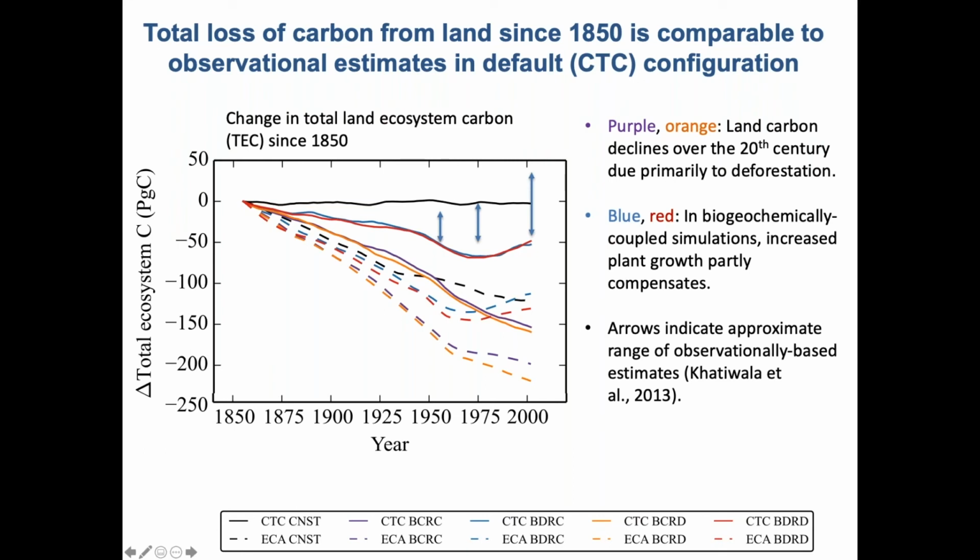And on top of this, I'm now overlaying some observationally derived estimates of the total loss in ecosystem carbon since 1850 from a paper by Kadewala et al. in 2013. So this is one of the benchmarks that we compare against in the paper. And it's a little bit approximate because I sort of freehanded this here. But what you can see is that in the default model, in the fully coupled simulation with the radiative and biogeophysical coupling, biogeochemical coupling in the red line, we're doing pretty well at getting close to being within this range.